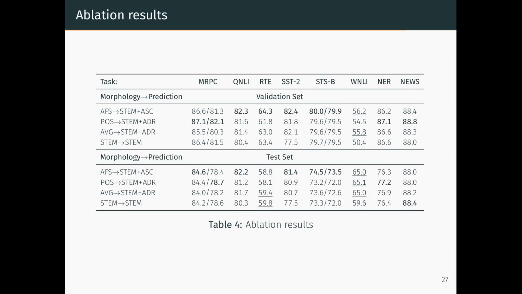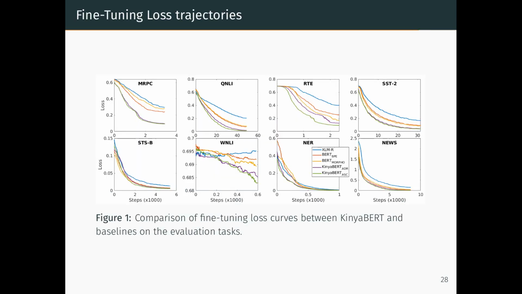We also conducted an ablation study to see if there are alternative structures that improve performance. For the GLUE benchmark, we find that using affix sets consistently performs better, while the affix probability regression objective yields the best performance on named entity recognition. Also, by looking at the loss curves for fine-tuning, we find that KinyaBERT has better convergence in most cases.